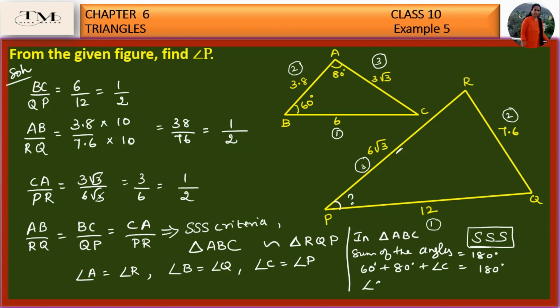Then angle C equals 180 minus 60 minus 80, so the answer is 40 degrees. So angle C is equal to 40 degrees. But angle C is equal to angle P, so angle P will be equal to 40 degrees.